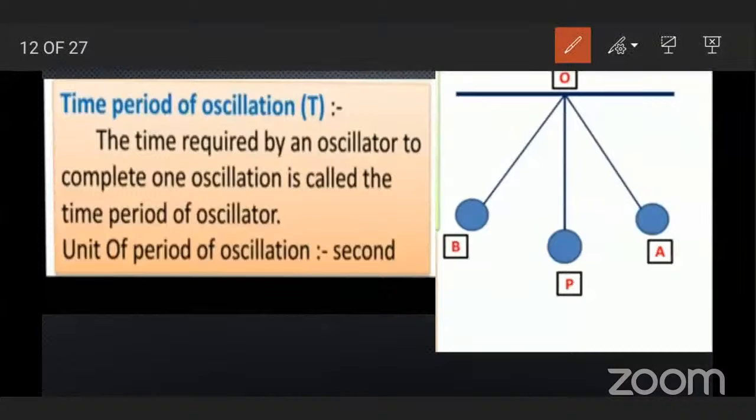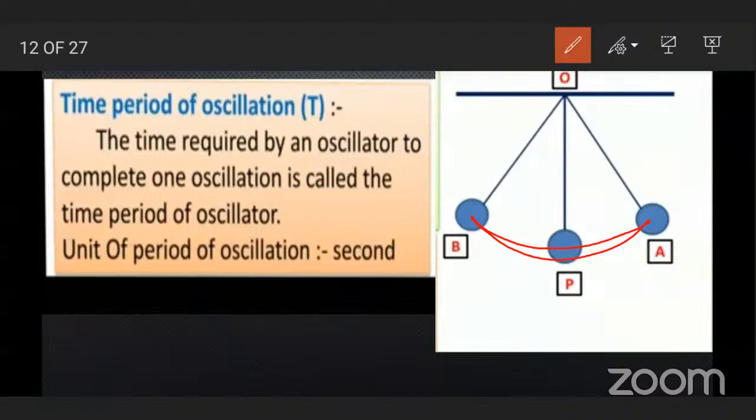See here, this pendulum moves from A to P to B and again returns to A. What is this called? This pendulum completed one oscillation.